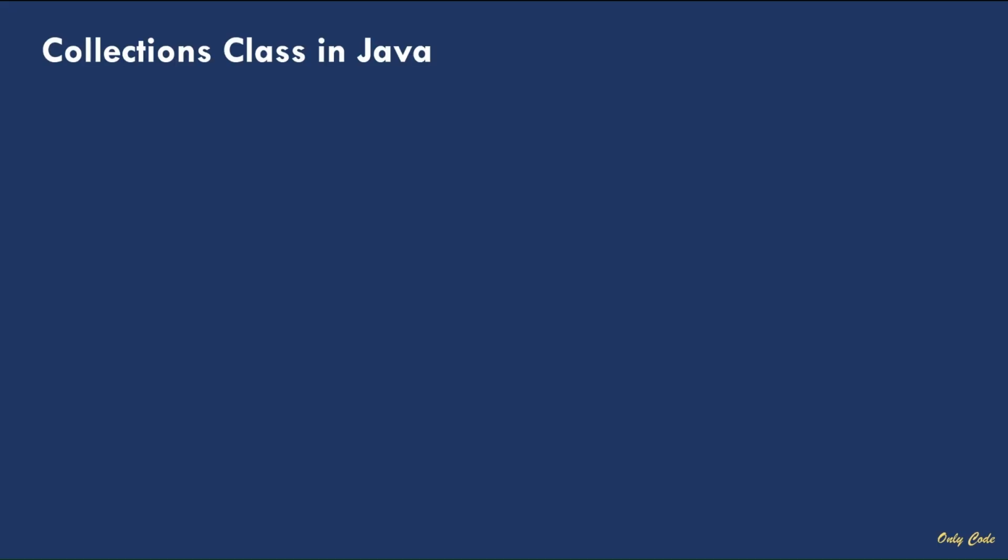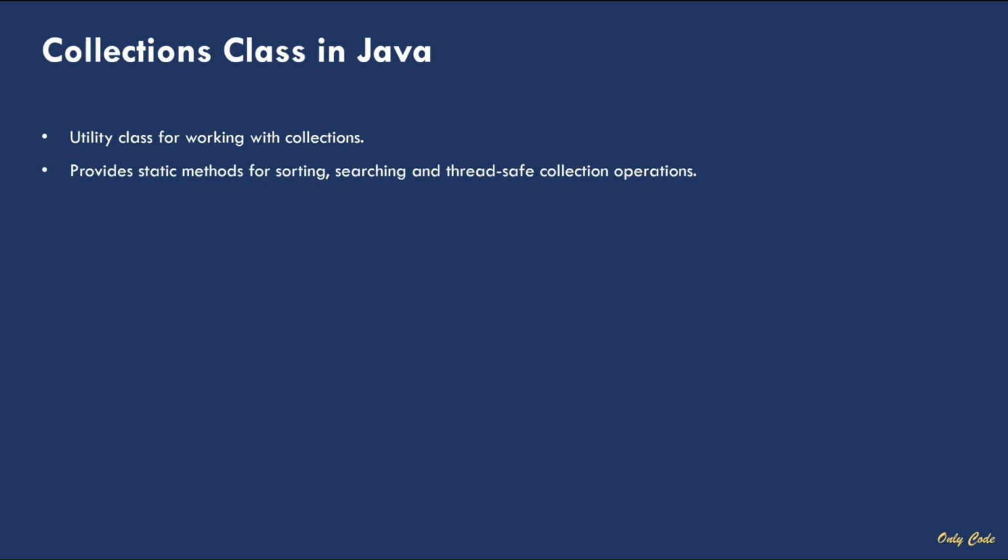Collections class in Java. The Collections class is a utility class in Java's collection framework. It provides a set of static methods that allow you to perform common operations on collections, such as sorting, searching, and creating thread-safe versions of collections.